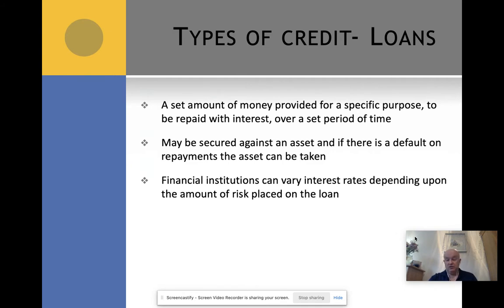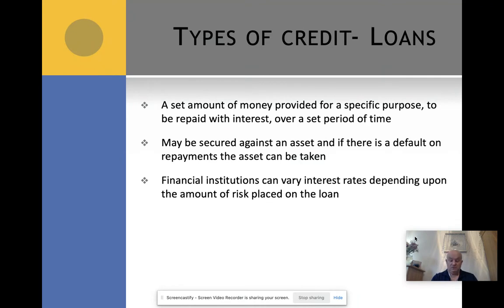Obviously, dependent on the risk that a financial institution assesses that somebody might be to loan money to, that is going to depend on the level of interest rate that they will charge. So if a financial institution believes that your credit rating isn't that great, they might say, well, okay, we'll lend you the money, but we're going to charge you a higher interest rate because they're taking a greater risk as a result of that.